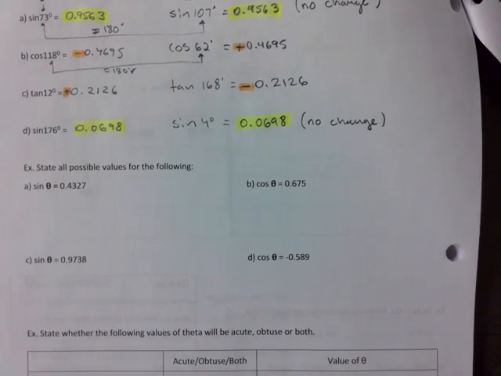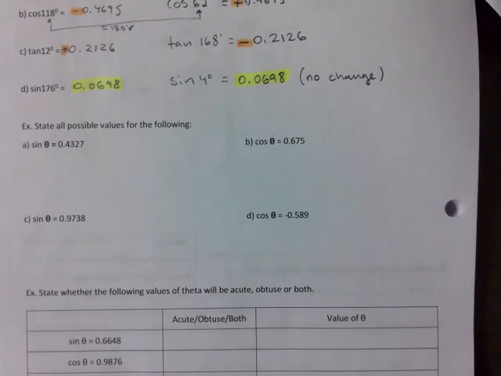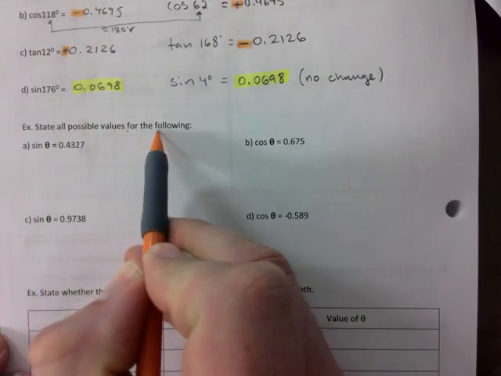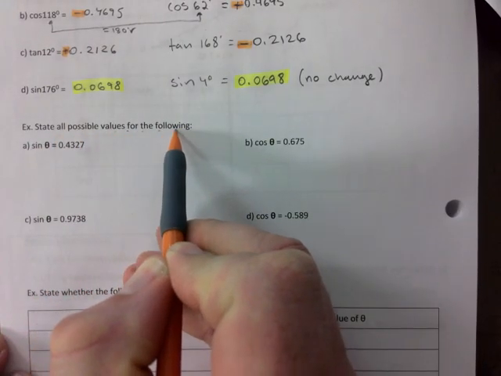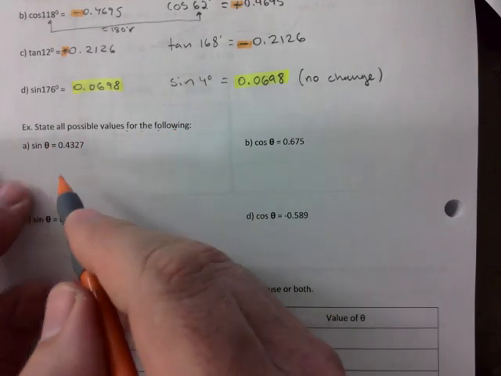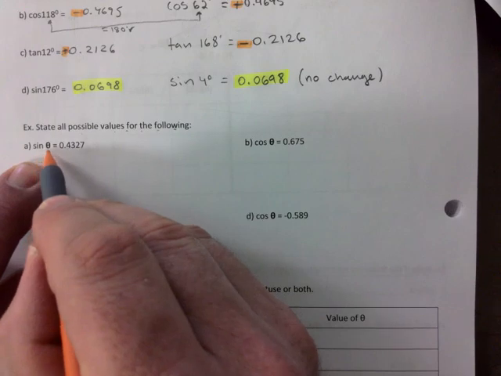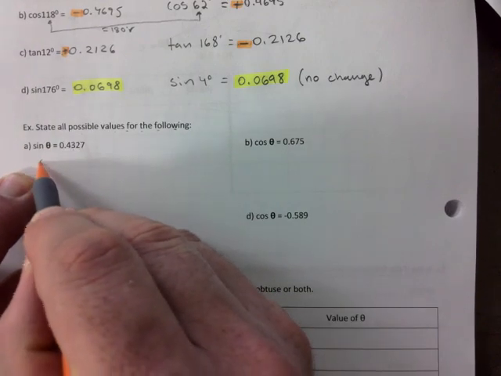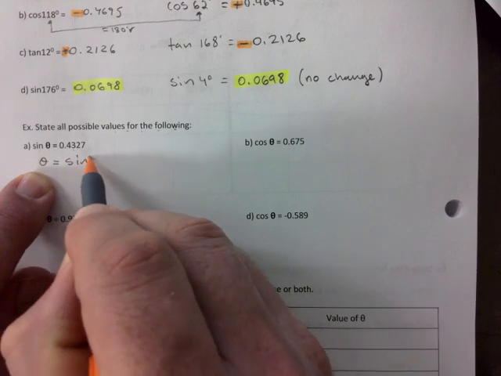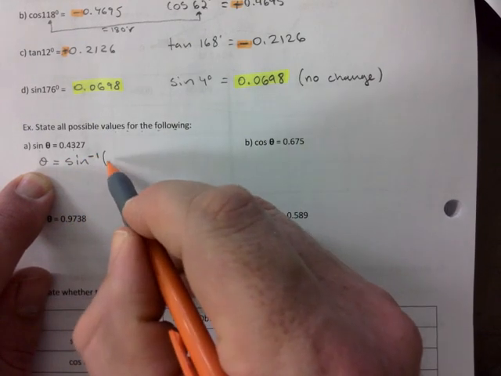So that takes us a step further. It says here, state all possible values for the following. Okay. So what this wants you to do is figure out, okay, sine of theta is this. So theta will be sine inverse, write this down, right? Sine inverse of that.